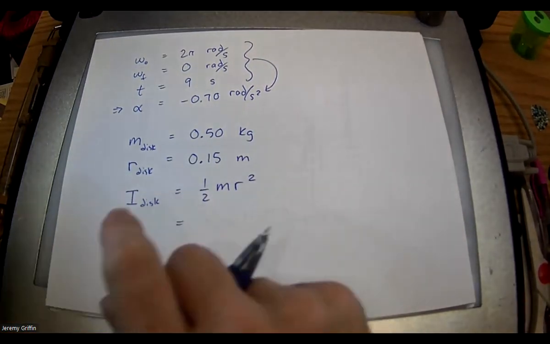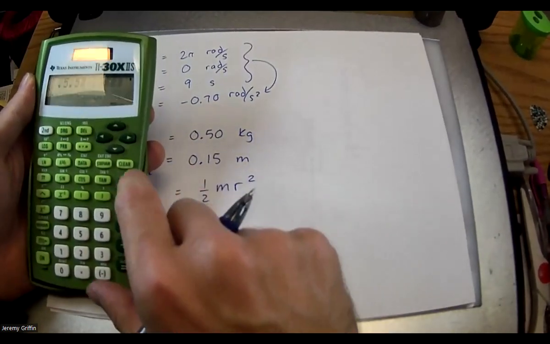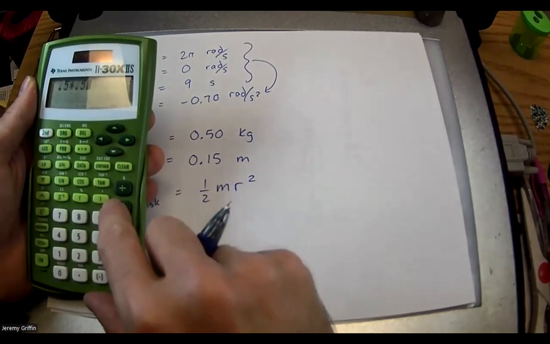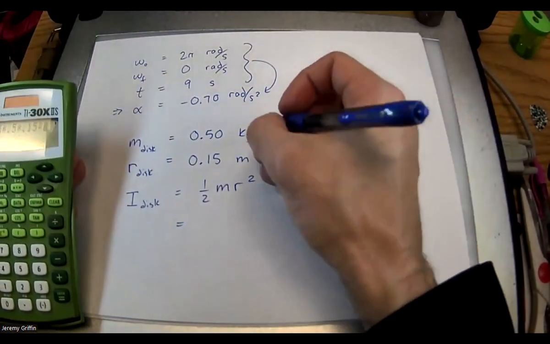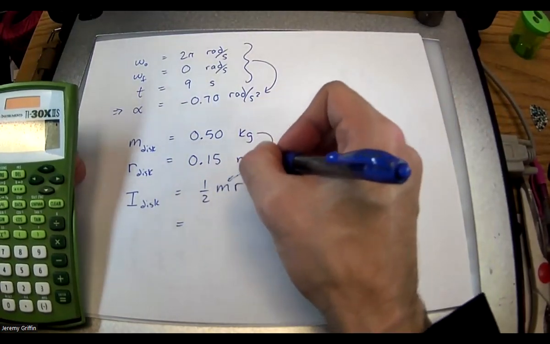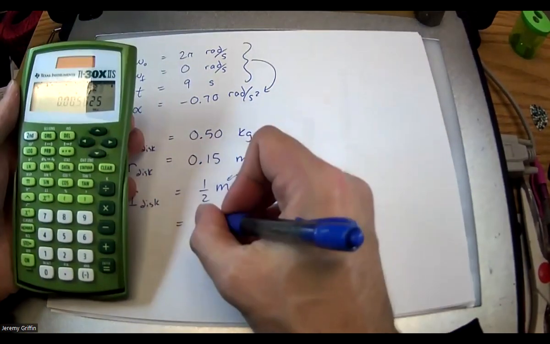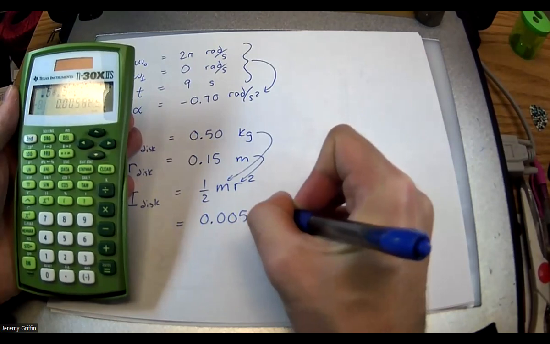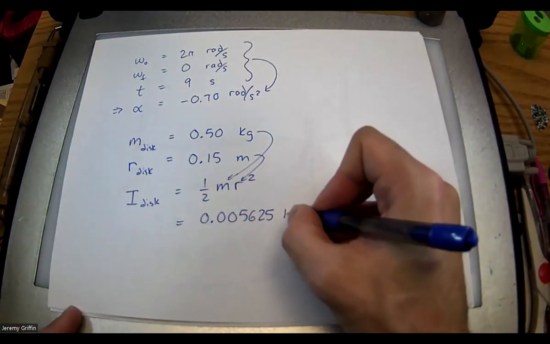So 1/2 times this mass in kilograms, times this radial size in meters squared. If you plug these numbers in, you're going to get 0.005625. That's a lot of digits. What's the unit for that?